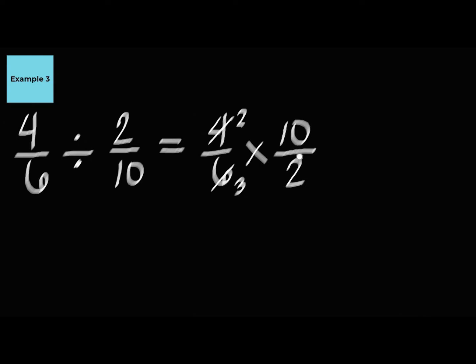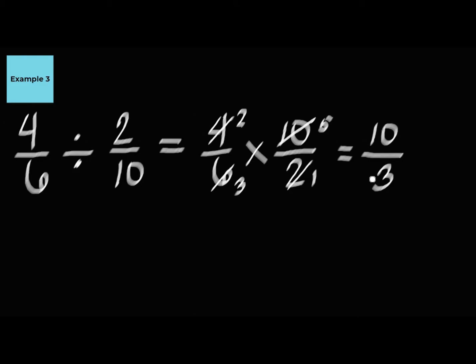How about 10 and 2? 10 and 2 have a common factor of 2. 10 divided by 2 equals 5, and 2 divided by 2 equals 1. We multiply the remaining numbers. 2 times 5 is 10. 3 times 1 equals 3.